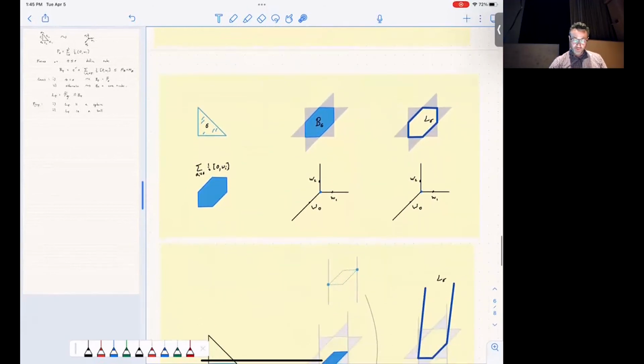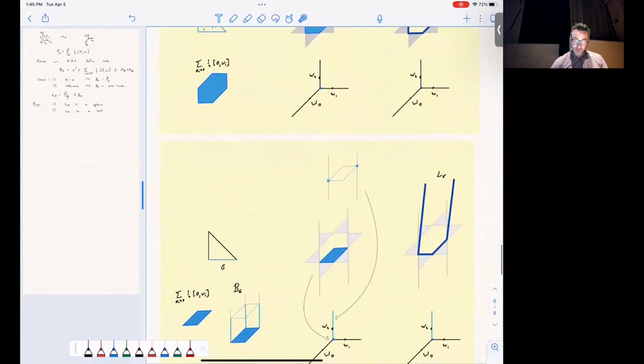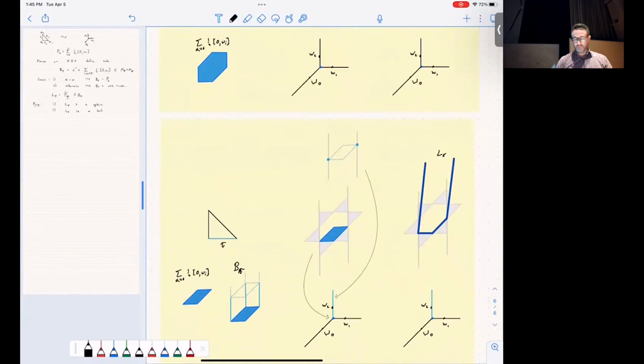However, you don't have to take the full sigma. You can take, sorry, this should be tau here. You can take a face of sigma, say tau. And now when you take the Minkowski sum, you're just taking two of them, so you just get some parallelogram. You cross it with this cone here, and you get a ray cross parallelogram, so some rectangular thimble.